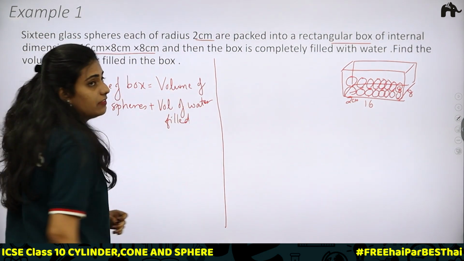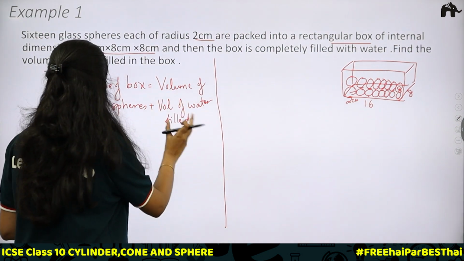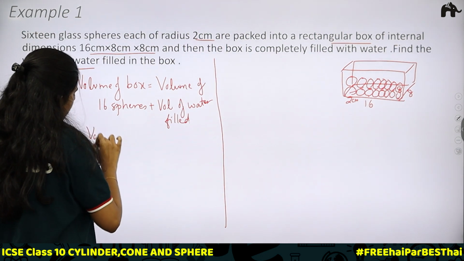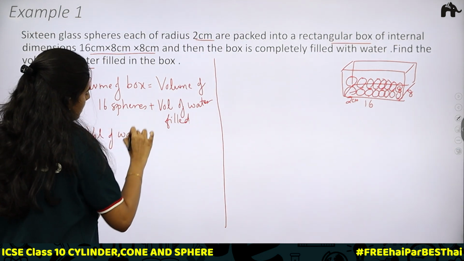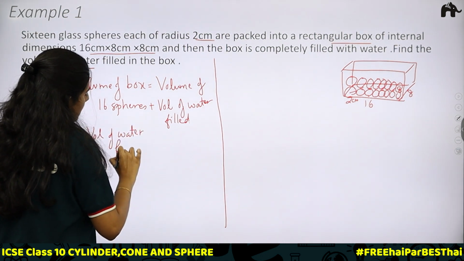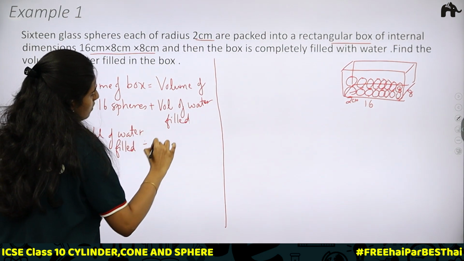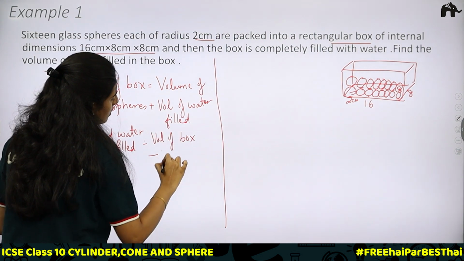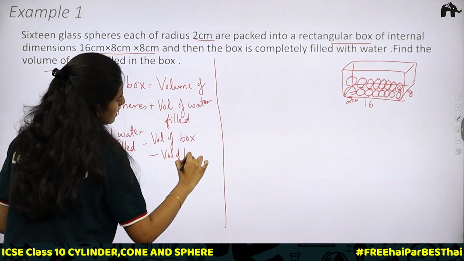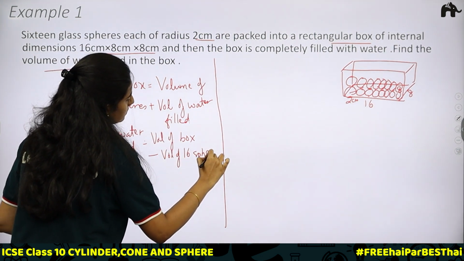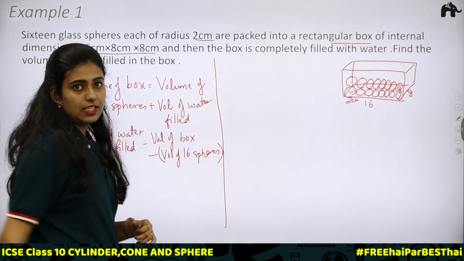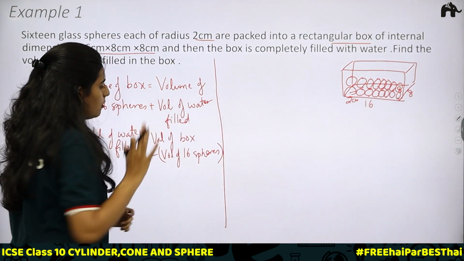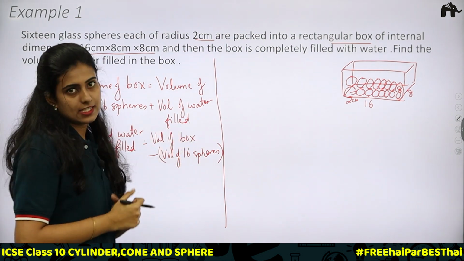We need to find the volume of water filled. We'll be having volume of water filled is equal to volume of box minus volume of 16 spheres. Separately we need to find the volume of box and volume of 16 spheres.